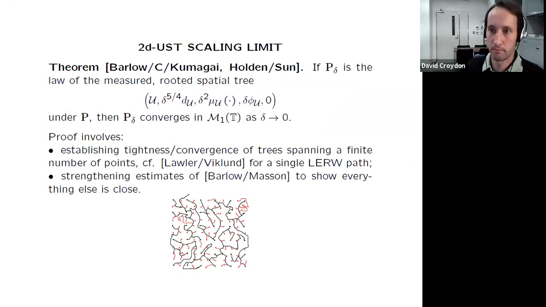No. So actually, this paper came before Holden and Sun. In this paper, we just showed tightness. So we showed, for example, that Loop-erased random walk paths are tight. Of course, the fact that they have this dual convergence means it wouldn't be very difficult to put here a coupled version of the dual tree, and that would simultaneously converge.